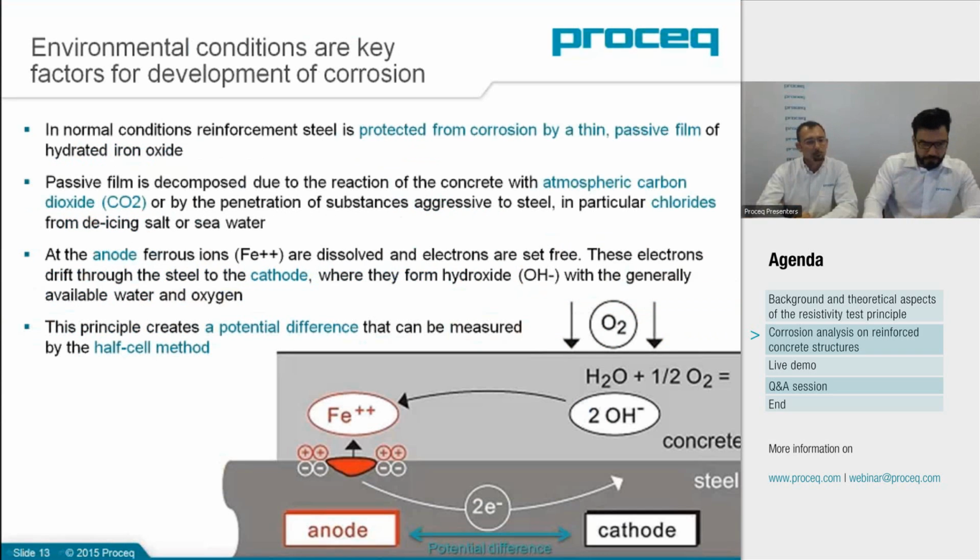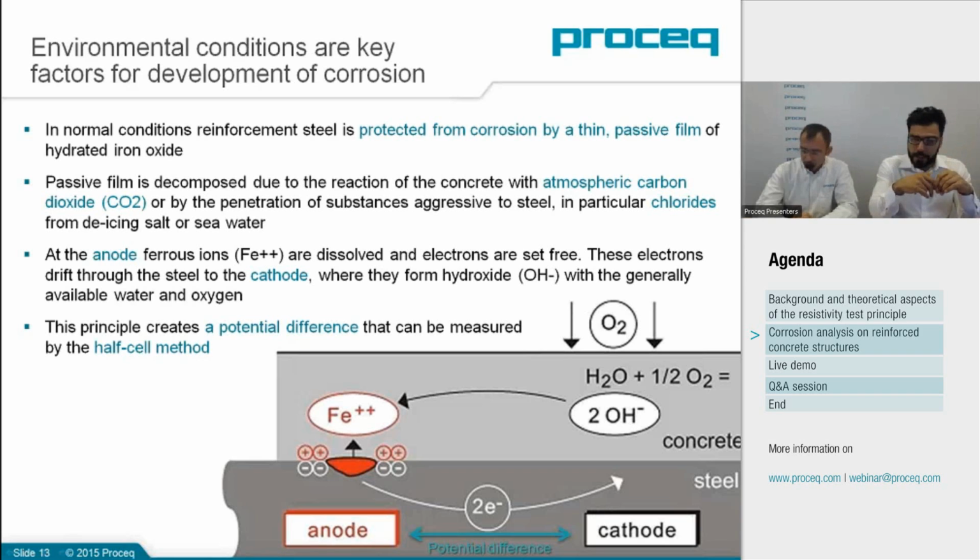So, moving on from there, what Guido is pretty much saying here is that the number one contributing factor to the likelihood of corrosion actually happening is the environment that we're dealing with.